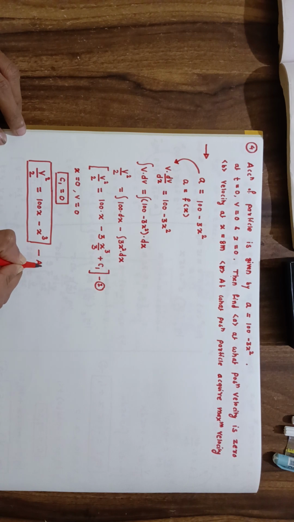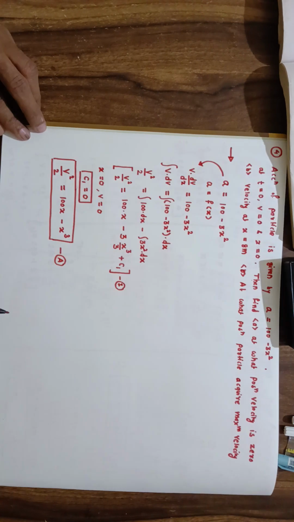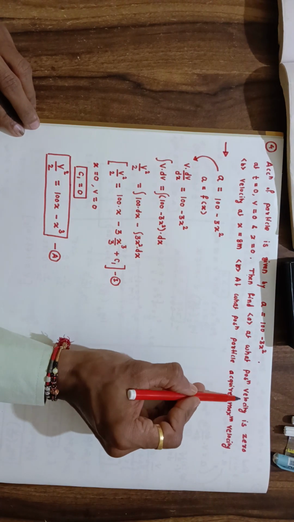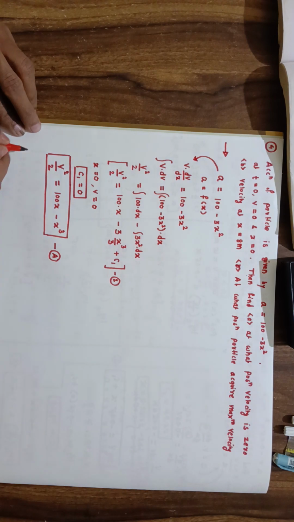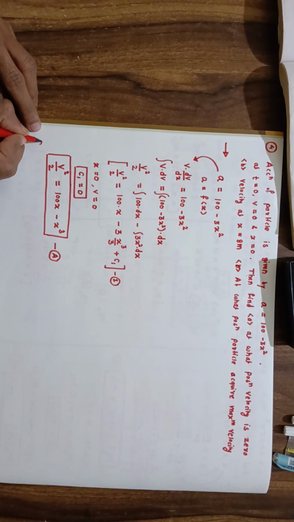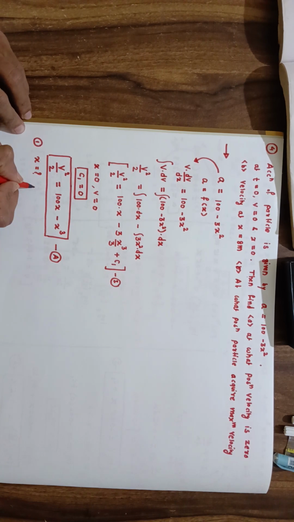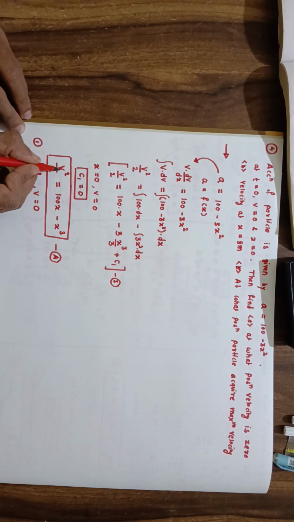This is your equation A. Now refer to what the question is. The first question is, at what position is the velocity 0? So in the first question we have to find x, the position where velocity will become 0. So put the value of v as 0.